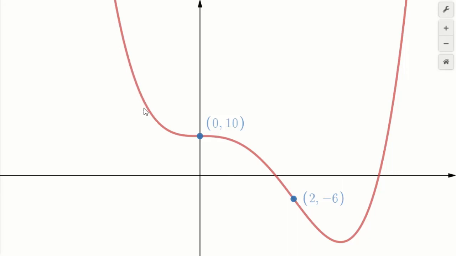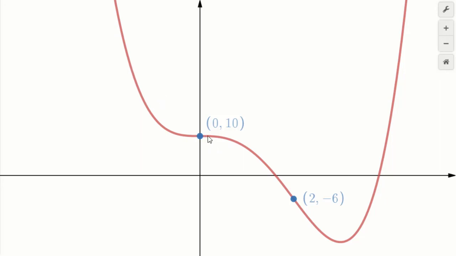Look at the shape of the graph right here. This piece is where the graph appears to be coming out from a cup pointing up, holding water. So obviously this is concave up.